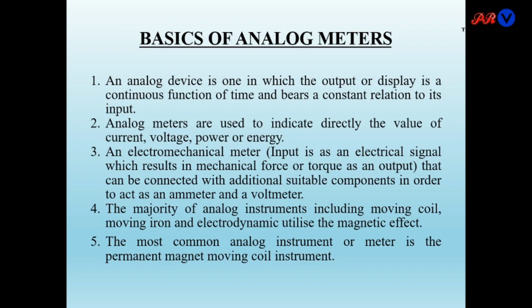And the last point is the most common analog instrument or meter is the permanent magnet moving coil instrument. As I said earlier, PMMC is very important, because it is the most commonly used analog instrument.